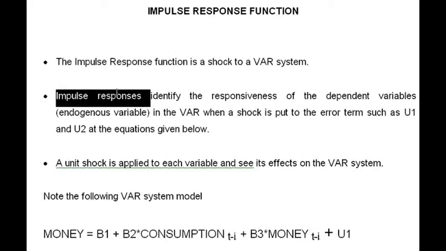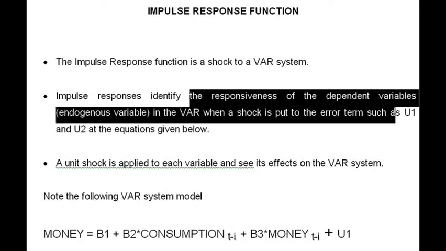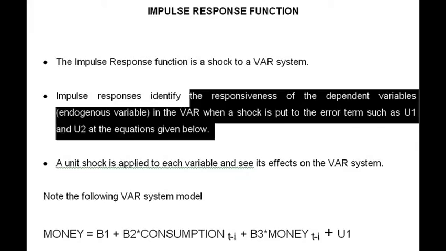Then the second issue: the impulse response identifies the responsiveness of the dependent variable, which is an endogenous variable in the VAR, when a shock is put to the error term such as u1 and u2 in the equations given below.